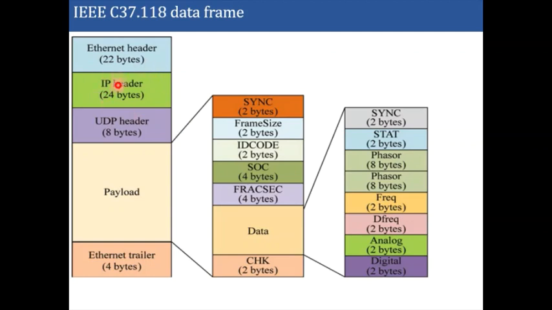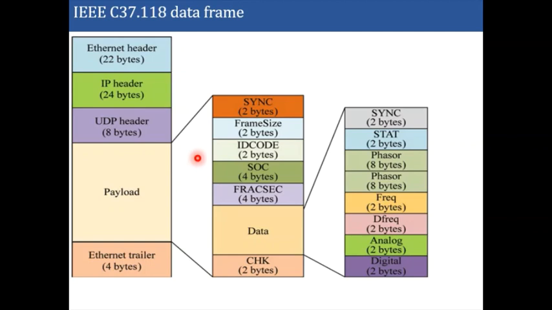Then we have the IP address stored in the IP header. Then we have the UDP header for routing of the messages, and after that we have the payload section to store the data. This payload section will house the frame of IEEE C37.118. So this is your standard TCP/IP frame. Inside that, in the payload, we will house our C37.118 frame.